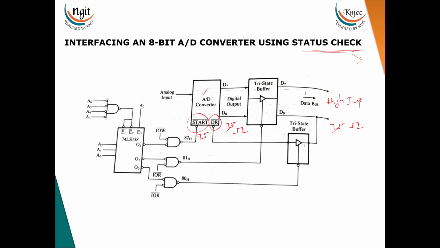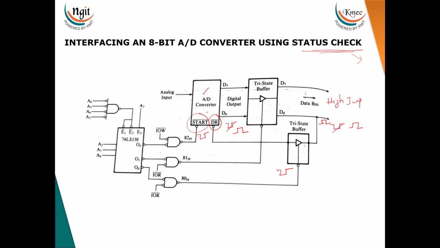If the processor wants to read the status, it will send the low signal over here, thereby this tri-state buffer will be enabled, and the high signal will be available on the D0 bit. If a high signal is read by the processor, it means the conversion is not completed, so the processor will not read the data from this data bus. Again after some time, it will read the status.